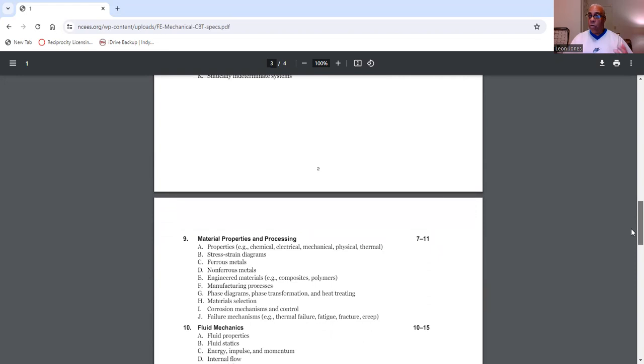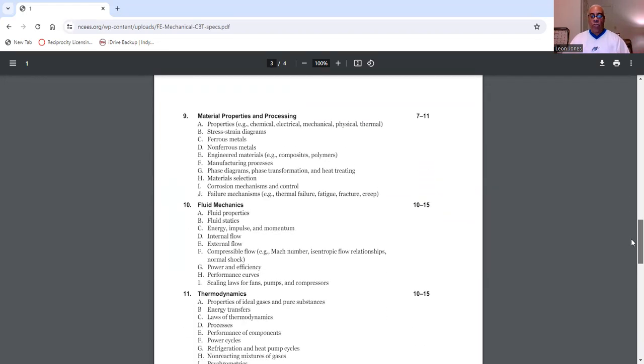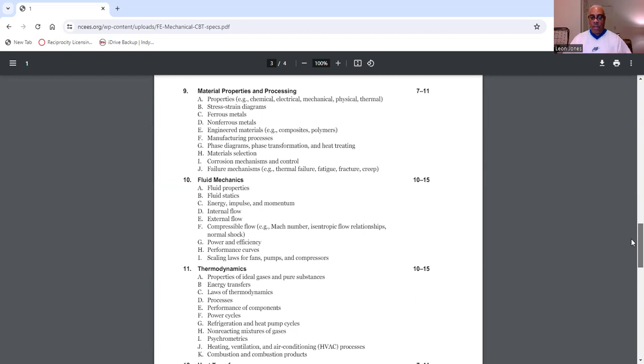And then you get into material properties. So if you took a material science class, you're going to understand ferrous metals, ceramics, non-ferrous metals, polymers. You're going to have to understand thermal failure, fatigue, that kind of information, dealing with materials, properties, and processing. And guess what else when it comes to mechanical? You're also going to deal with fluid mechanics.